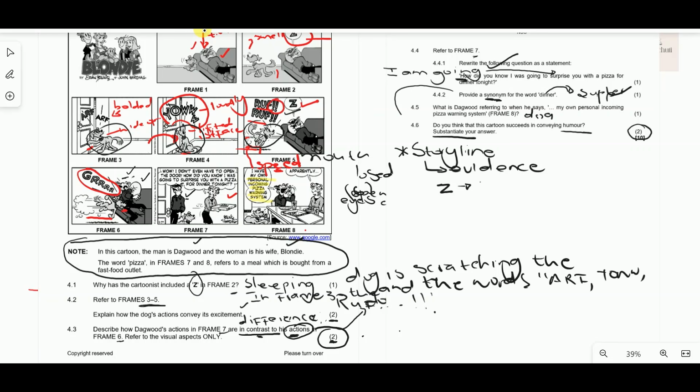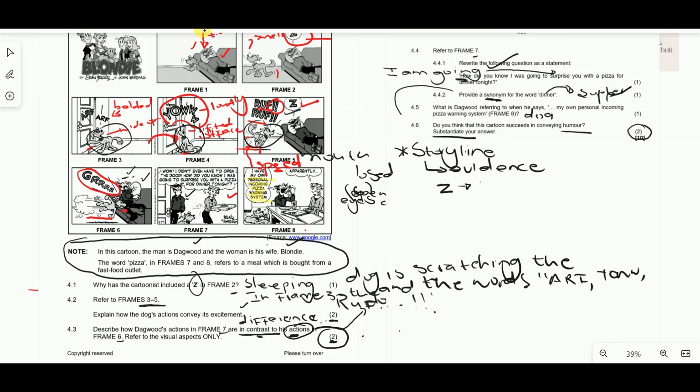It was even scratching the door, for that matter, to indicate that it could sense that someone is coming. And then even in frame 6, there are lines behind the dog to show that it was aggressively trying to wake Darkwood up. And then in frame 7, now Darkwood was up to open the door for Blondie, who was shocked because she thought she was going to surprise him.